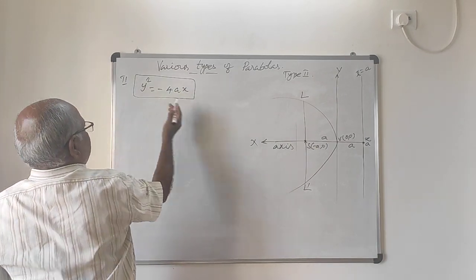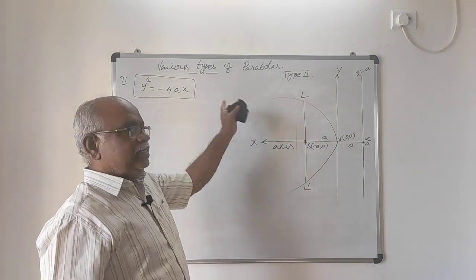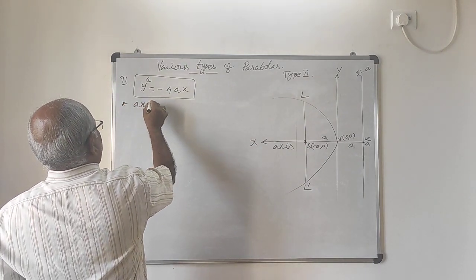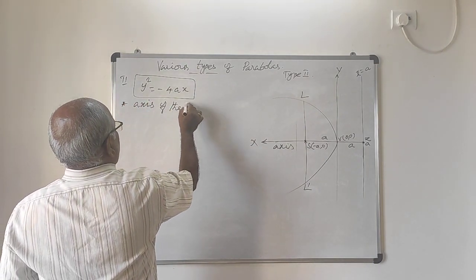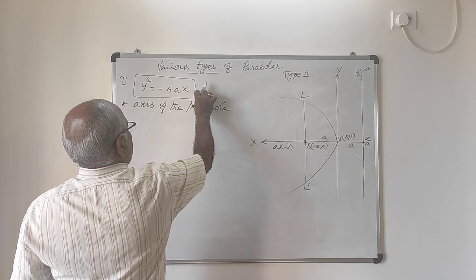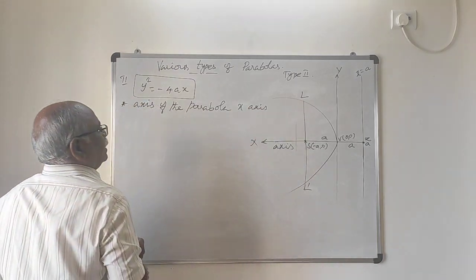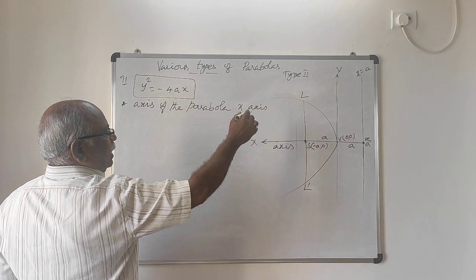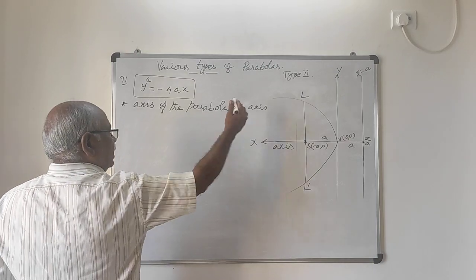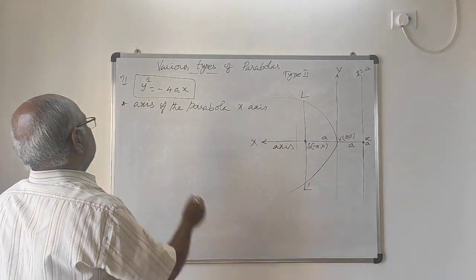That means the curve lies in the negative direction of x-axis. Axis of the parabola is x-axis. It's also symmetric about x-axis because you can replace y by minus y and the equation is not altered.